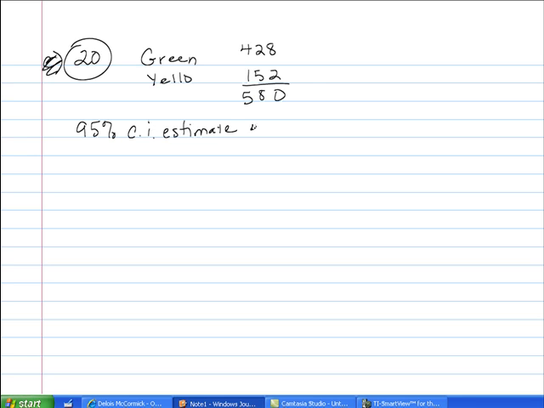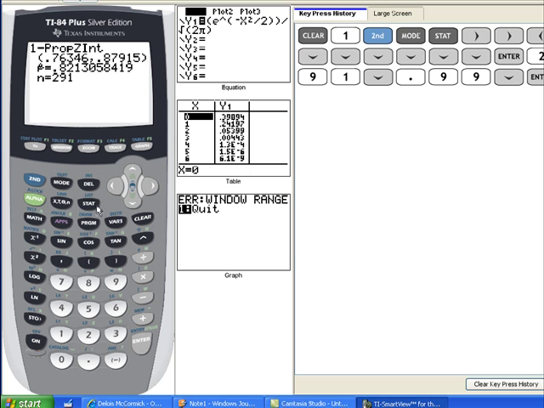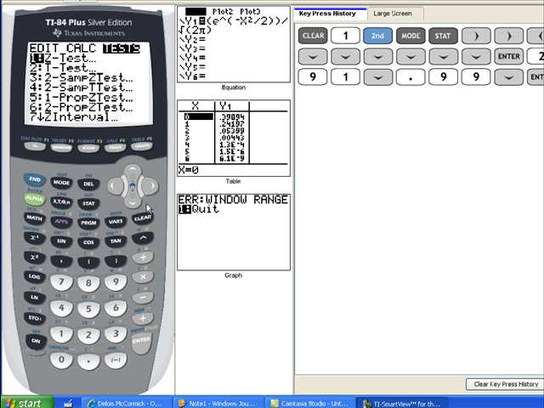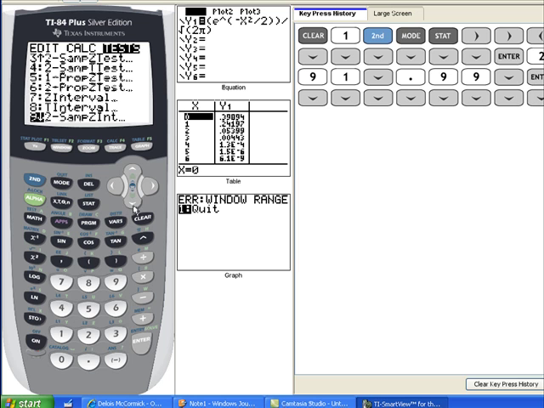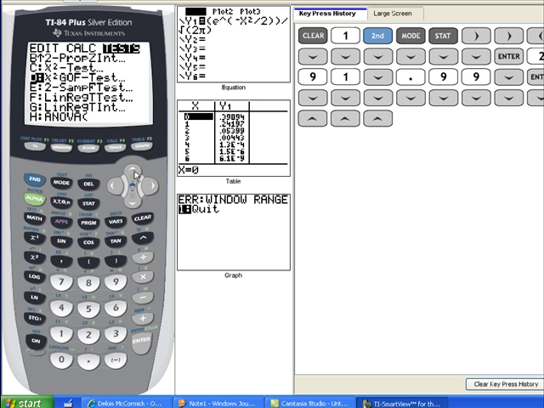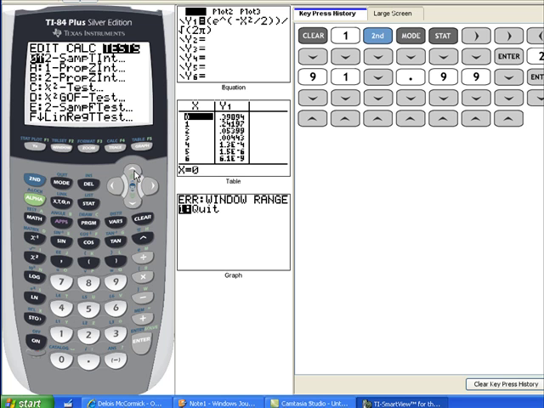Total number of peas, remember we had to add them, so 580 I believe it was. We're asked for the 95% confidence interval, so we're going to calculate. And notice that this uses the interval notation. So 0.226 to 0.298. Or we could write it the way we've been writing it.